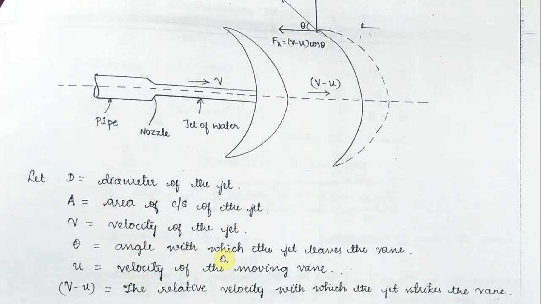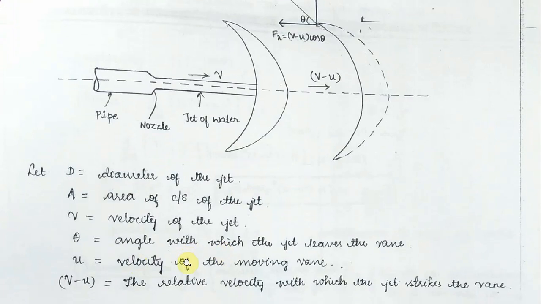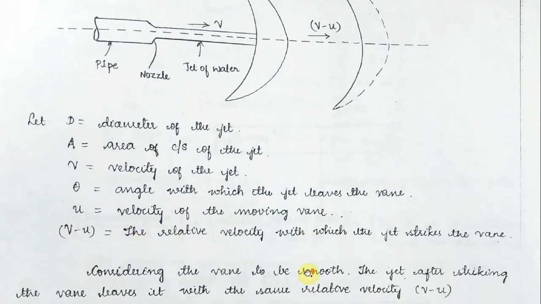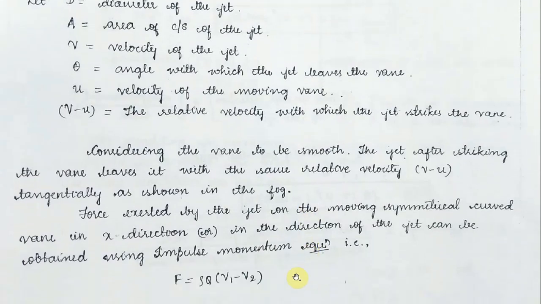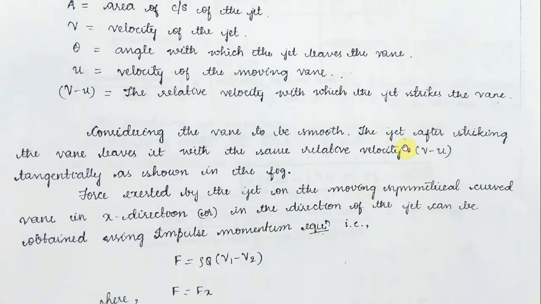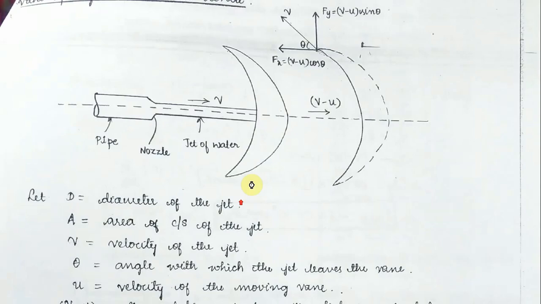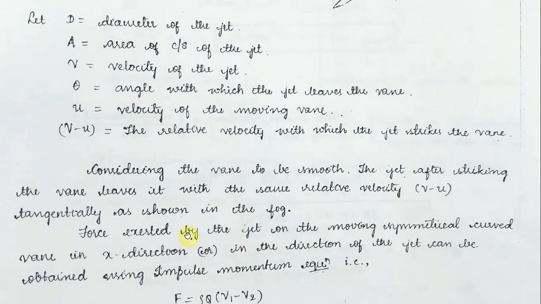Theta is the angle with which the jet leaves the vane, and U is the velocity of the moving vane, and V minus U is the relative velocity with which the jet strikes the vane. Considering the vane to be smooth, the jet of water after striking the vane leaves it with the same relative velocity V minus U tangentially, as shown in the figure. Okay, and this forms a tangent here as shown in the figure.